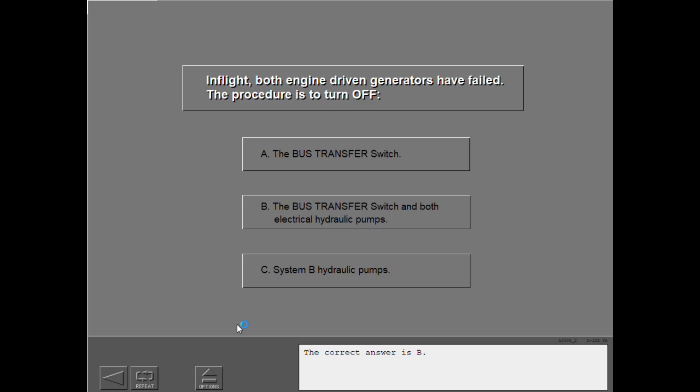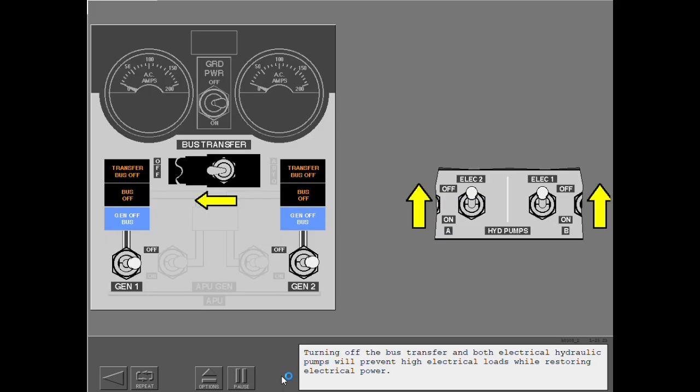The correct answer is B. Turning off the bus transfer and both electrical hydraulic pumps will prevent high electrical loads while restoring electrical power.